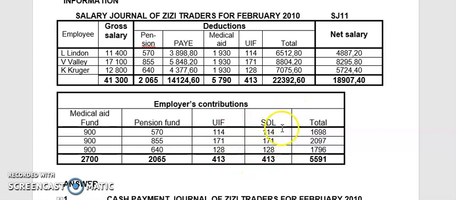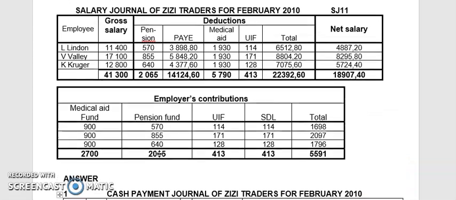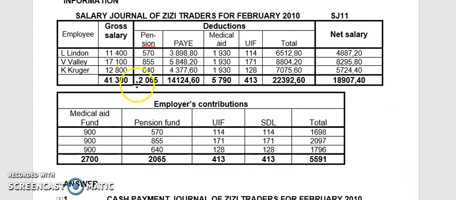If there's only an amount in contributions, then you just put that one amount here, like in the case of skills development fund and SARS, PAYE, which was only in deduction. So all these amounts have to be paid over, except total deductions and gross salary. Do not enter it in the CPJ.